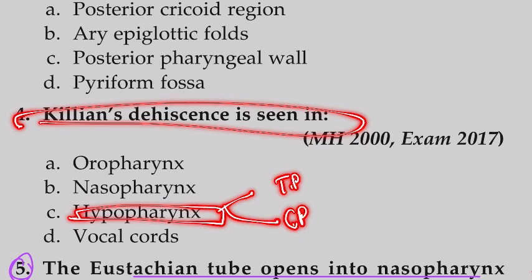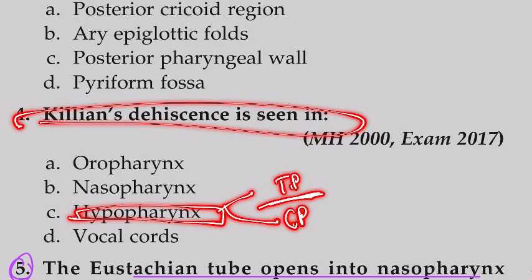The potential gap in between them is at the level of the vocal cord. This weak part is where Zenker's diverticulum comes out, from which there is herniation of pharyngeal mucosa in case of pharyngeal pouch. That is our Zenker's diverticulum. That is the importance of Killian's dehiscence.